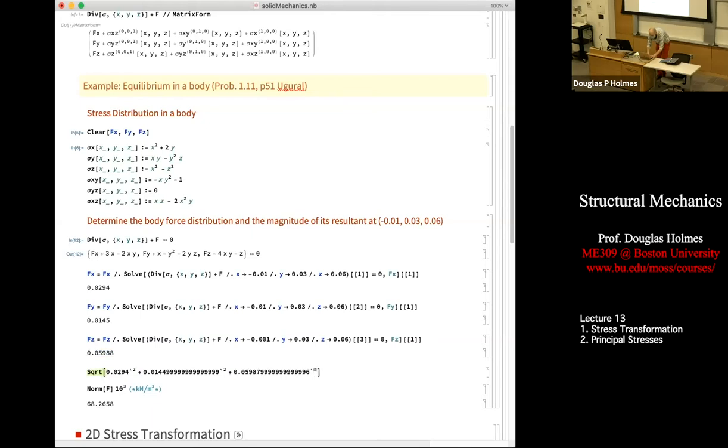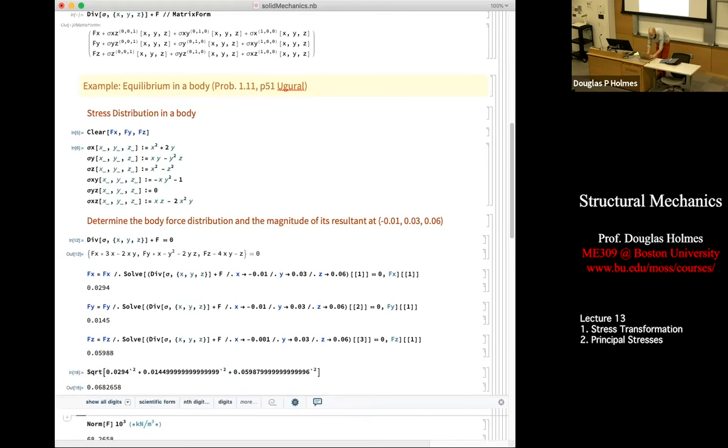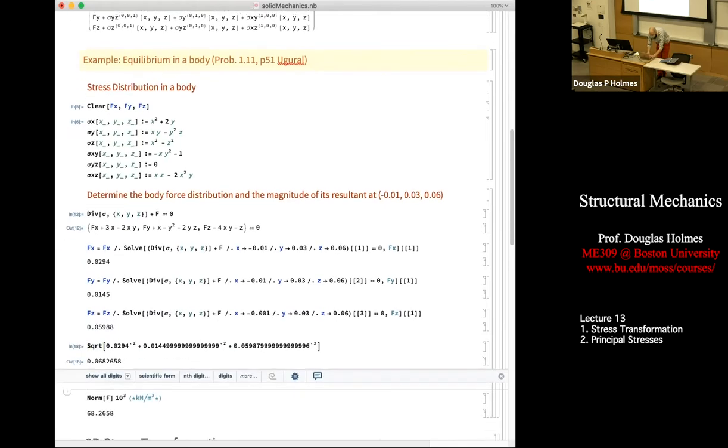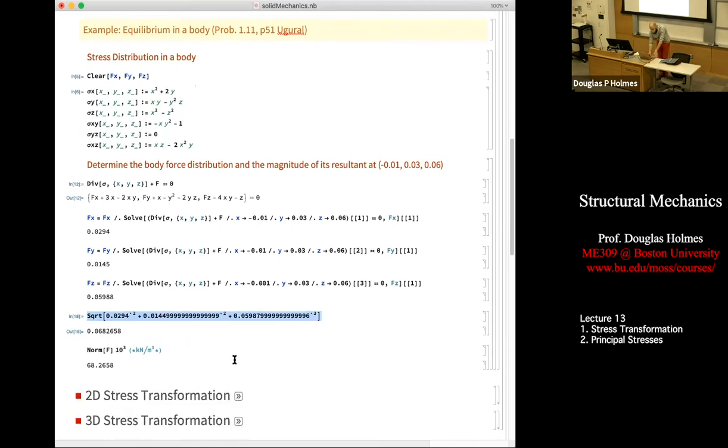There we go. And I turned that into something that's in kilograms per meter cubed. So I multiplied it by 1,000. So that's this thing, this ugly mess here. The magnitude of a vector, you should remember this from sometime long ago.